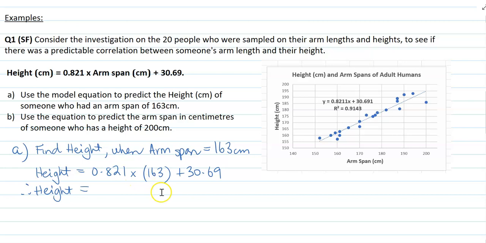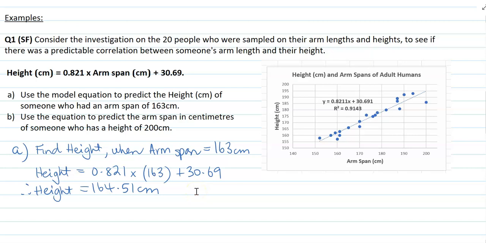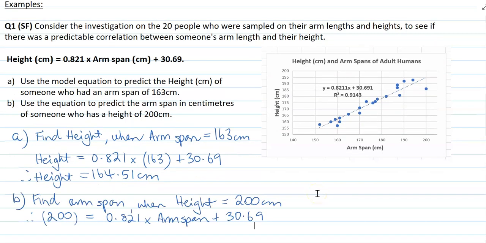So then our height is going to be 0.821 times 163 plus 30.69. That gives us 164.51 centimeters. Moving on to part B, we now want to predict the arm span for someone that has a height of 200 centimeters. And this is where our amazing solving equation skills come back into play.